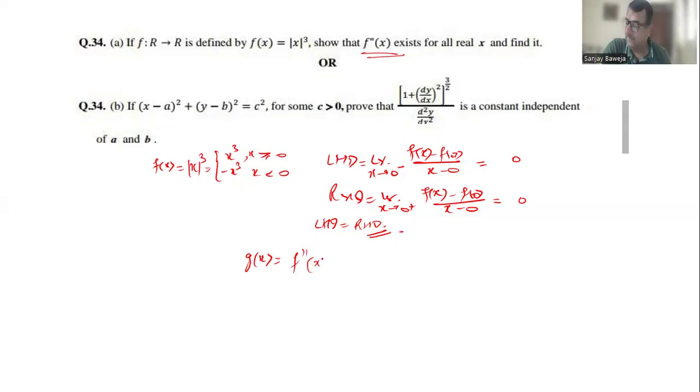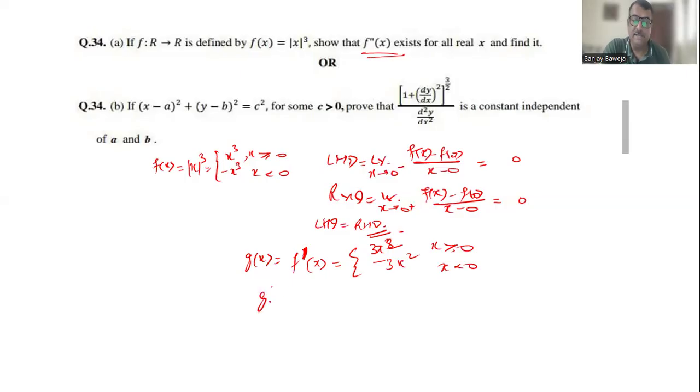F dash we have already found. Let g(x) is equal to f dash x. That gives me 3x square and minus 3x square, when x is greater than or equal to 0 and less than 0, conditions will remain the same.